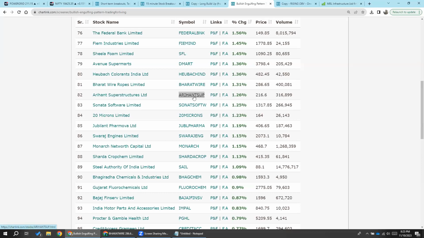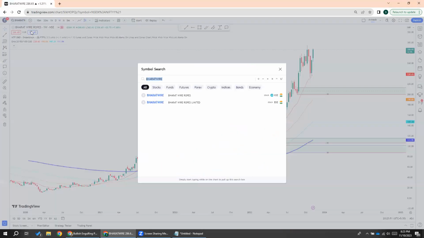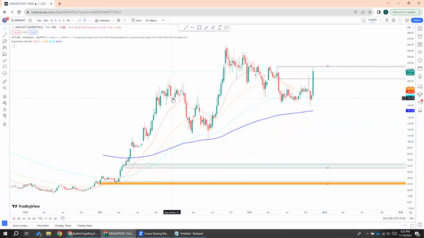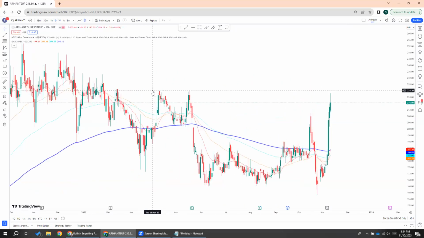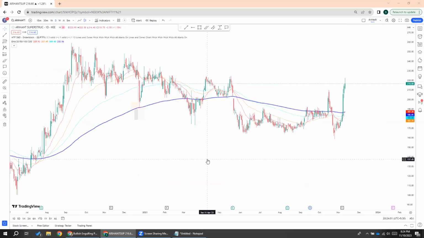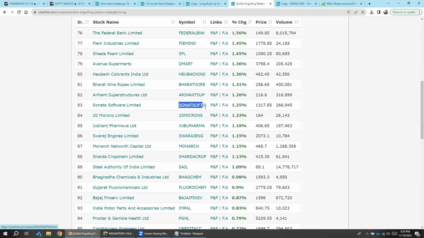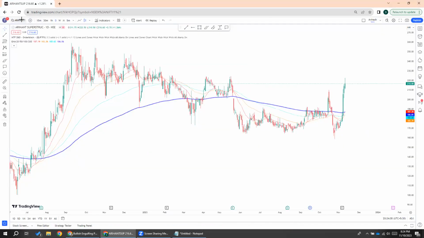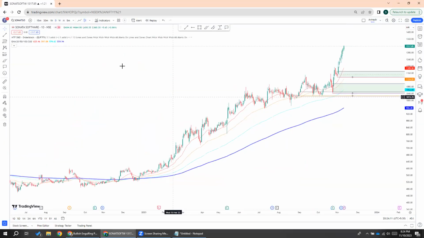Arihant Superstructures. I would like to know your opinion. You can comment in the chat how you feel about the charts. Is our filter good to consider, or do you have some other opinion? Sonata Software. Single-sided consistent move, stop loss is very big.